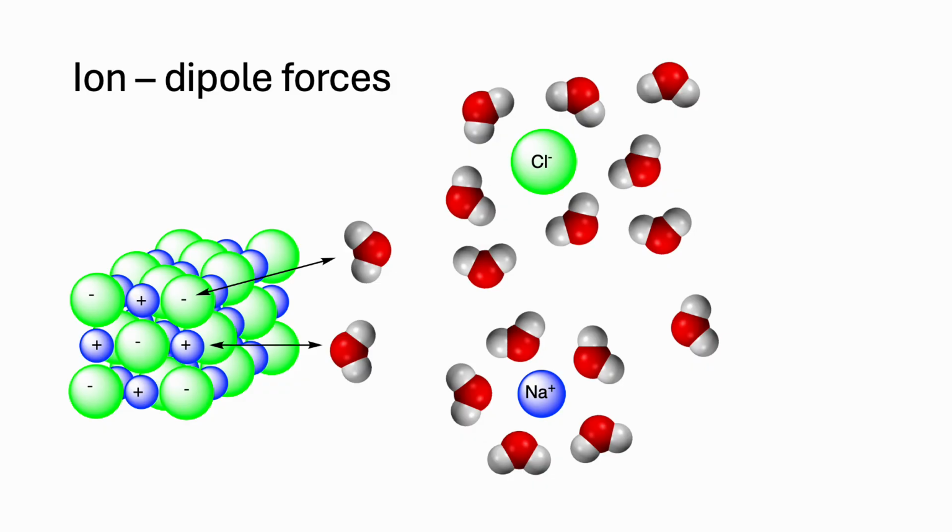Some ionic solids are insoluble. Calcium carbonate, for example. Here, the attraction between the calcium cations and the carbonate anions is stronger than the ion dipole forces, and consequently, the solid does not dissolve in water.